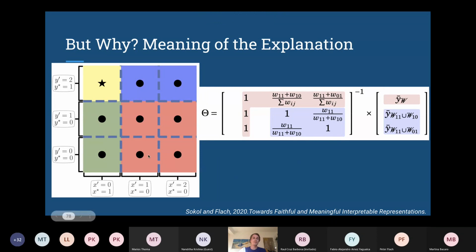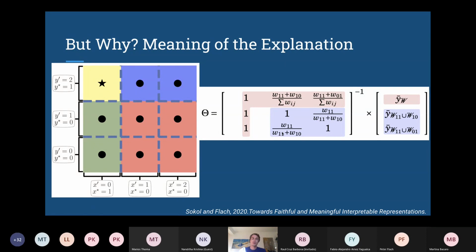As I said earlier, just to clarify, here is a fictional depiction of tabular data split into 3 regions on each axis. We are explaining the region with the star. So again, this would be encoded as 1, 1. Green would be encoded as 1, 0, blue 0, 1, and red 0, 0.